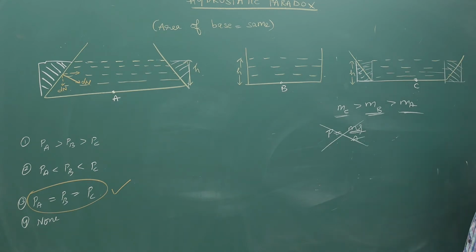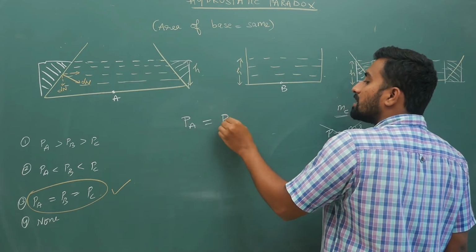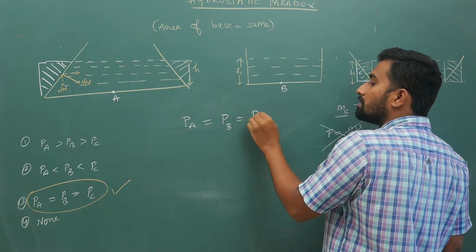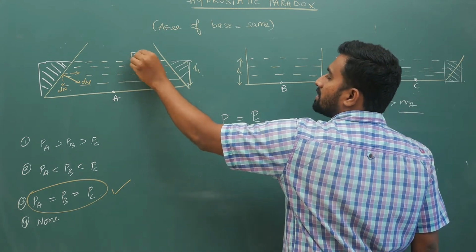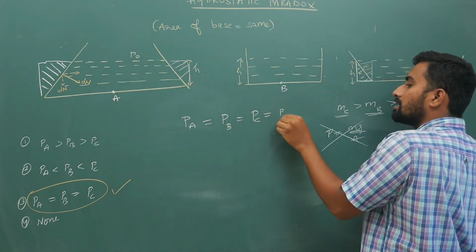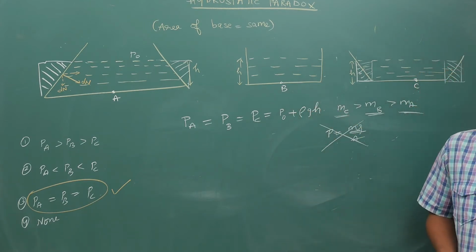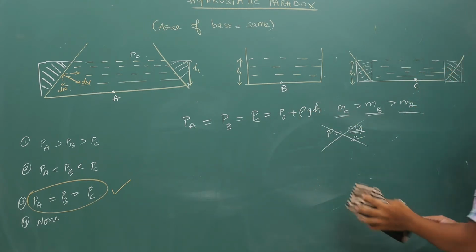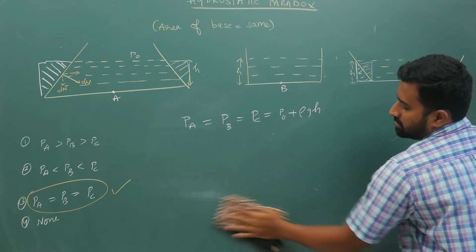So the hydrostatic paradox says that pressure is not dependent on the shape of the container. In all these cases it is P naught plus rho g h, that is, atmospheric pressure plus rho g h.